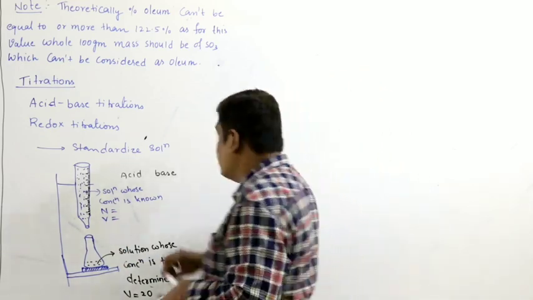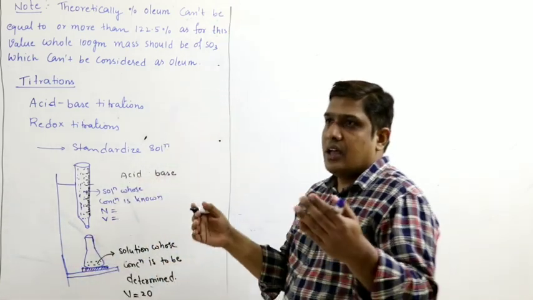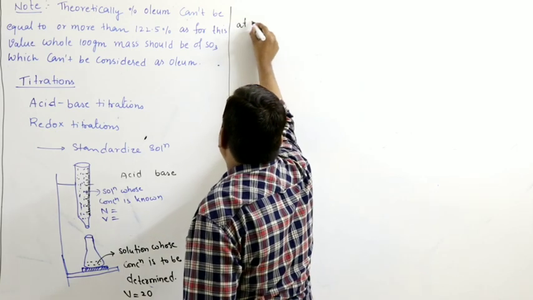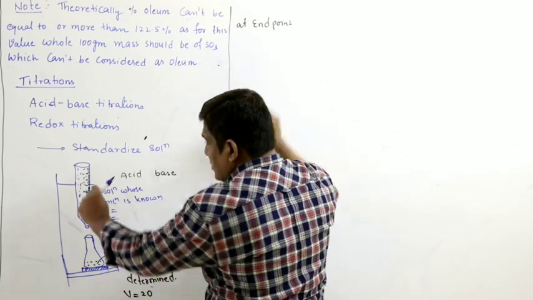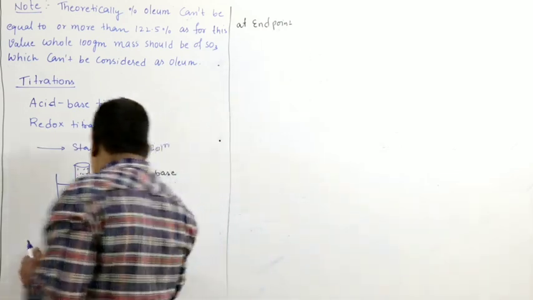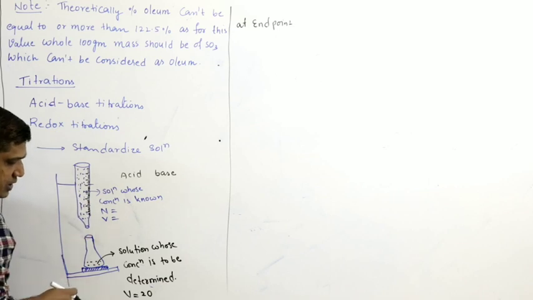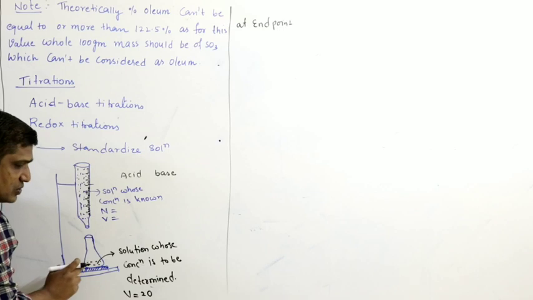At the end point, that means the neutralization point, after completion of the reaction, we stop. We have a nozzle here, and we keep on adding the solution. At the end point, the color of the solution changes.